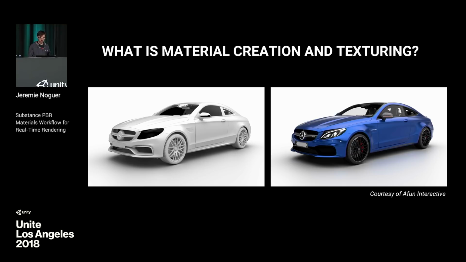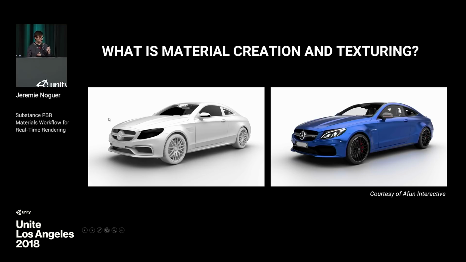So I've been talking a lot about material creation and textures. So what is material creation and texturing? On this slide, you can see that we start from a mesh that could be coming from CAD data from a manufacturer, or that could be something that's been derived from CAD data and brought into something that's more real-time friendly, I guess, with less geometry.